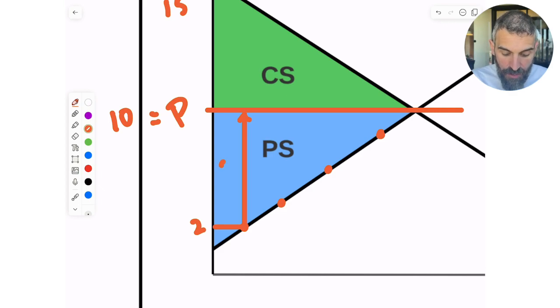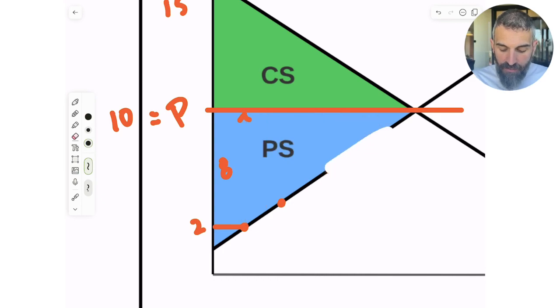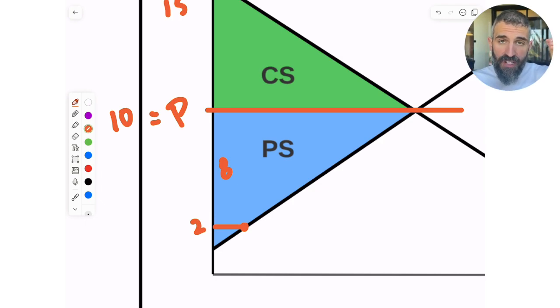Well, they have a surplus of $8. And if you took every single producer, the producer surplus would be this entire bottom triangle. But simply, it's the difference between the price they get and the minimum they would have accepted.